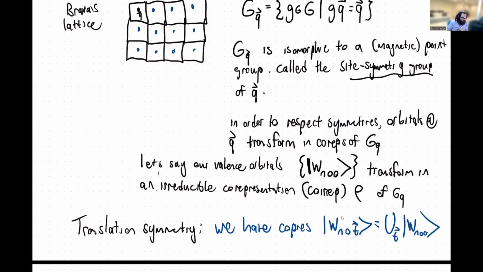So now I'm part of the way there to building a crystal structure that's invariant under the space group.